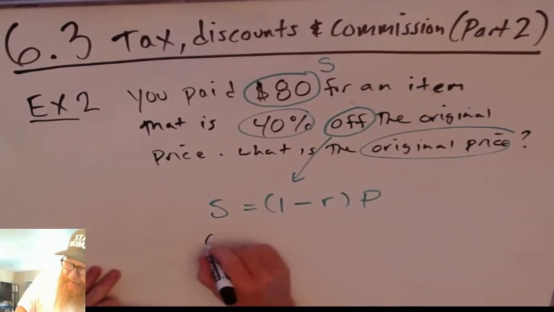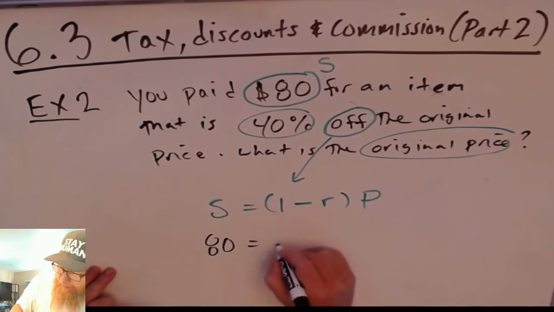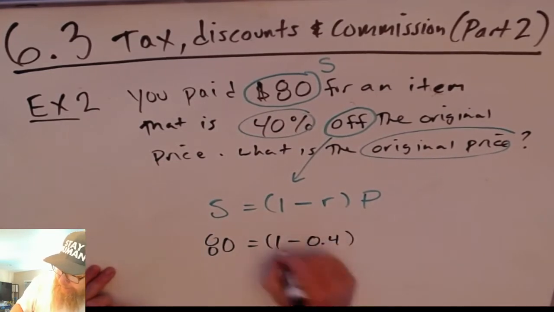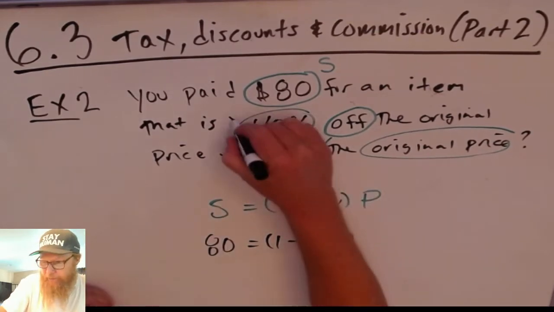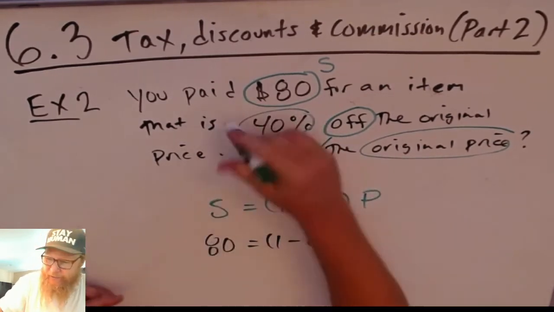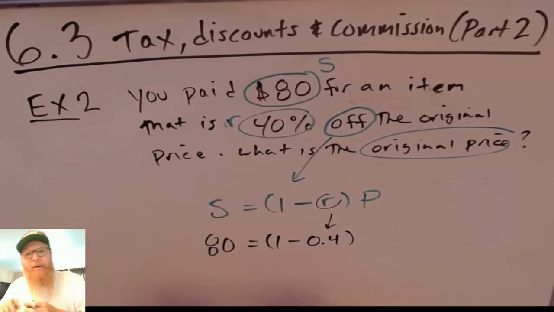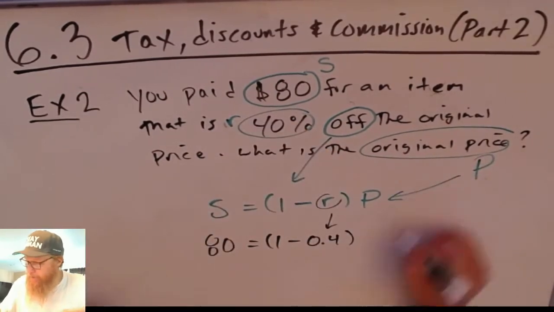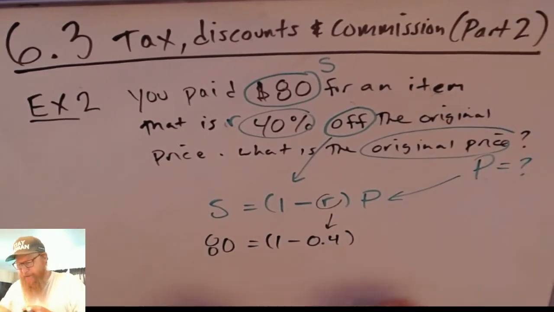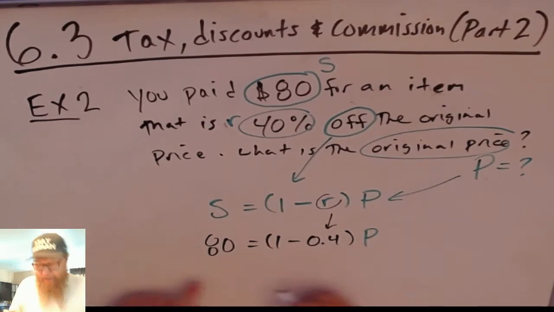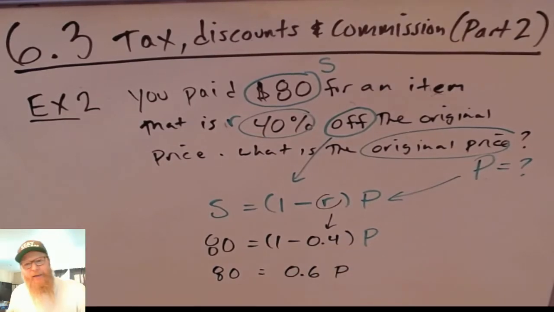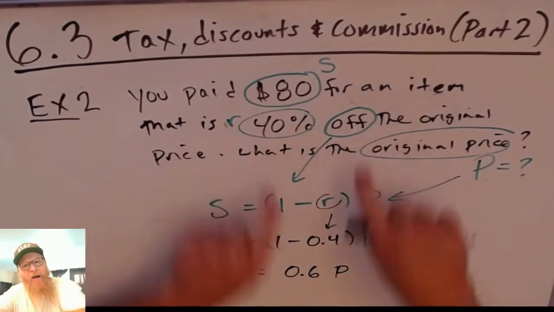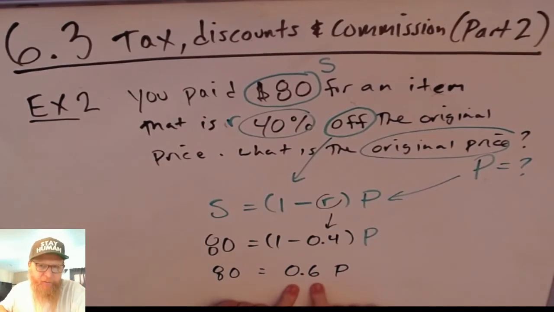So $80 is 1 minus 40%. I'm using the same 40% here, so R is 40% written as a decimal. And then P is what we're solving for. It's unknown. Now the 40% becomes 60%. So again, 40% off is the same as 60% of.